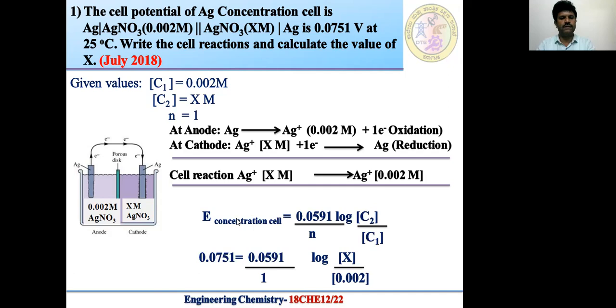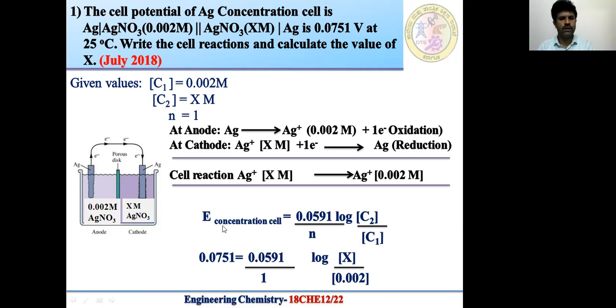So the EMF of the concentration cell, because they have mentioned 25 degrees Celsius, we can take the expression at standard condition. Hence, the EMF of the concentration cell is equal to 0.0591 divided by n log of C2 divided by C1: higher concentration divided by lower concentration, or electrolyte concentration at cathode divided by electrolyte concentration at anode.